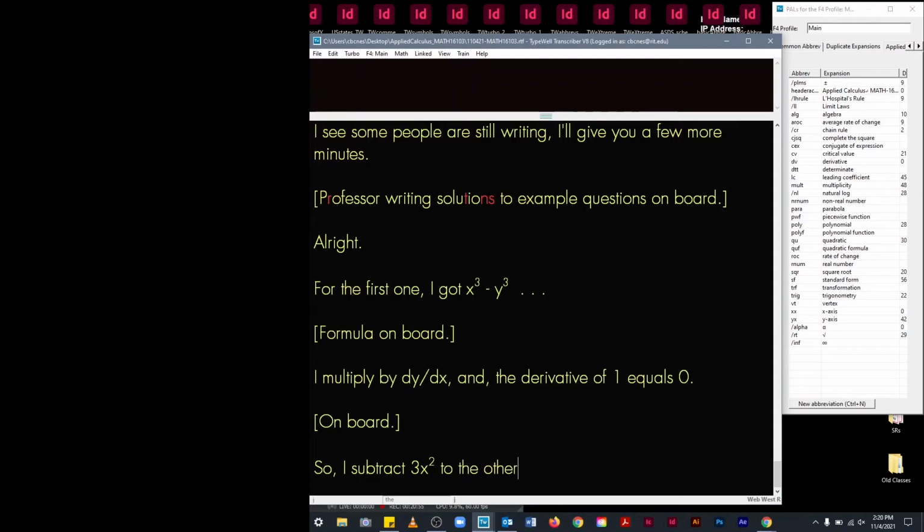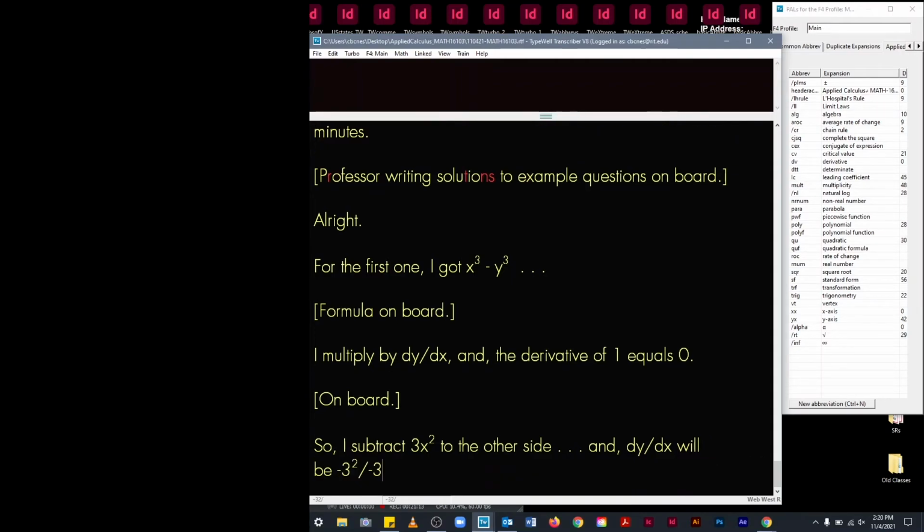And dy over dx is going to be negative 3x squared divided by negative 3y squared. Or if you want to, you can get rid of the negative 3's. Either way. All right.